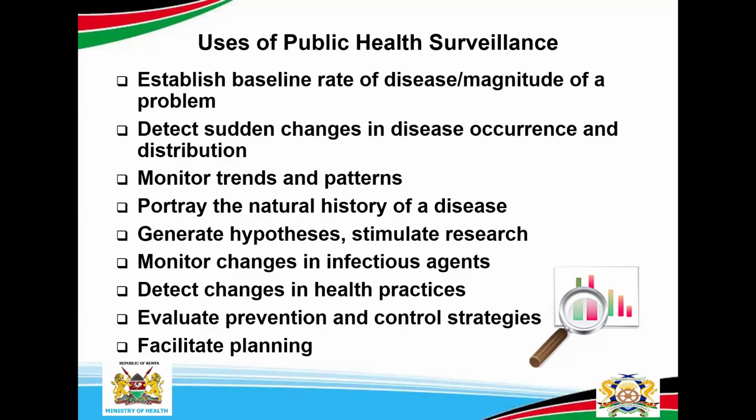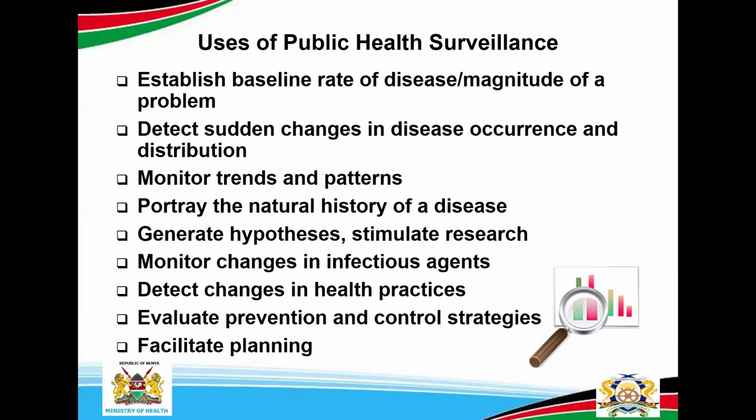That shows a sudden change in disease occurrence. Because of the surveillance activity that you have been doing, you can detect that it has shifted from 1,000 per month to 3,000 per month, or 3,000 per week. That's the importance of why we need public health surveillance in our healthcare system.